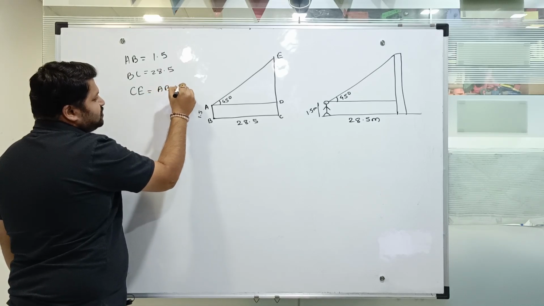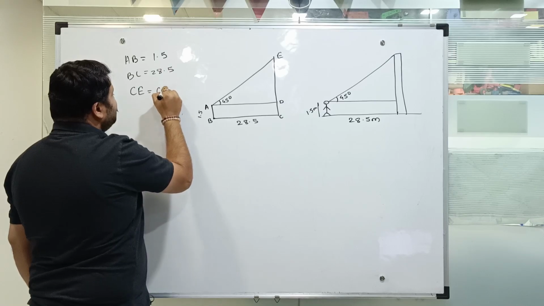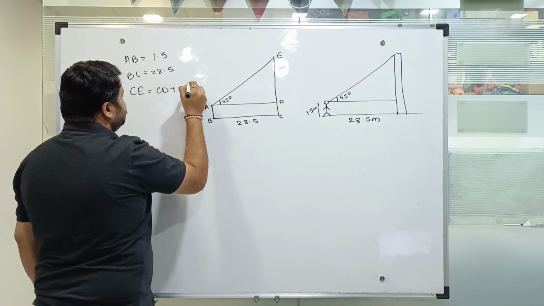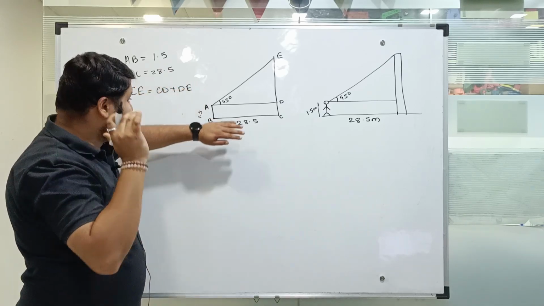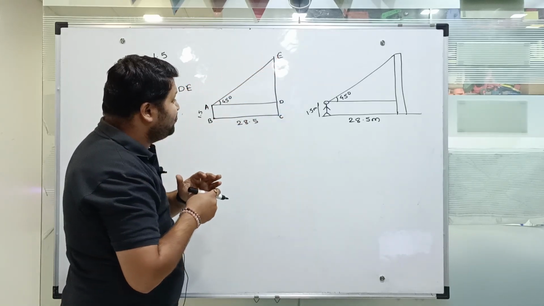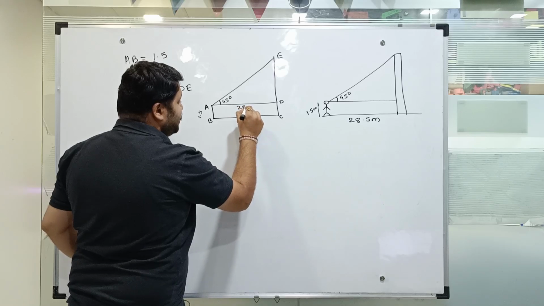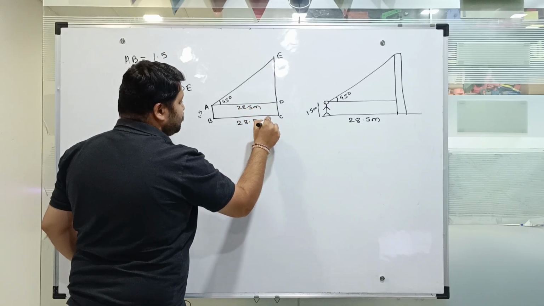So it would be AB plus CE, so it would be CD plus DE. Now if you look at this triangle, if I hide this and if you look at this triangle, we can conveniently say that this length AD would also be equal to 28.5 meters.